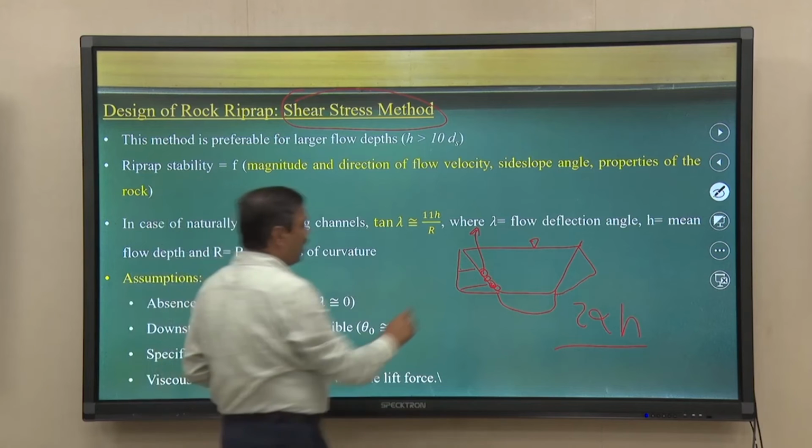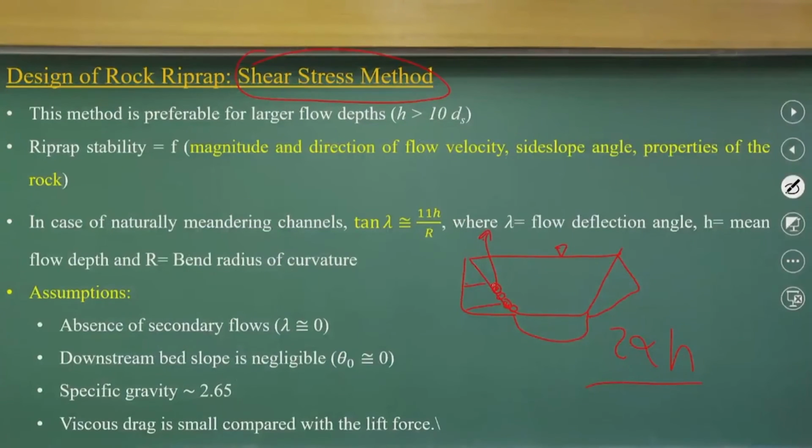That is what we should look at. The riprap stability depends upon the direction and magnitude of the flow velocity, side slope angle, and the properties of the rock. That is what the shear stress methods give us.